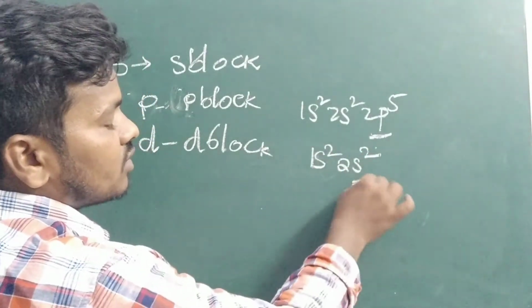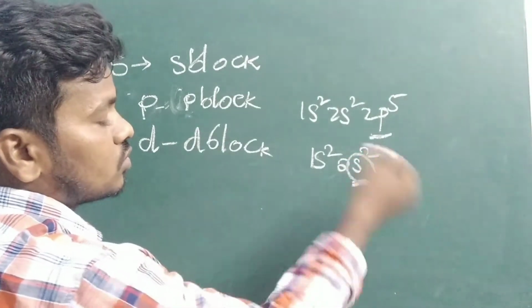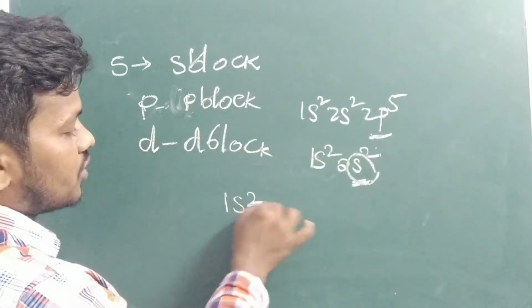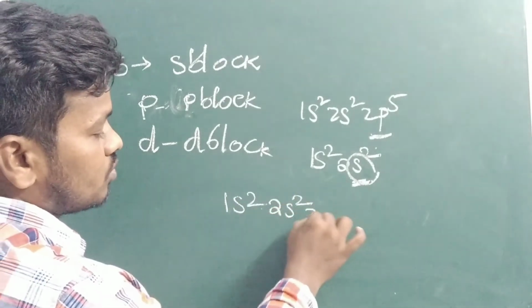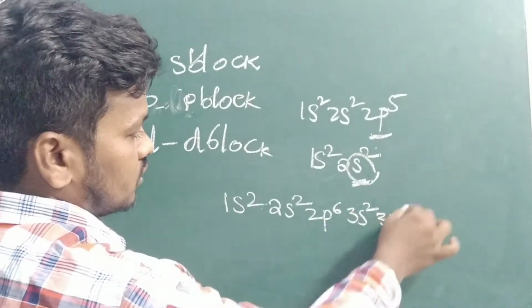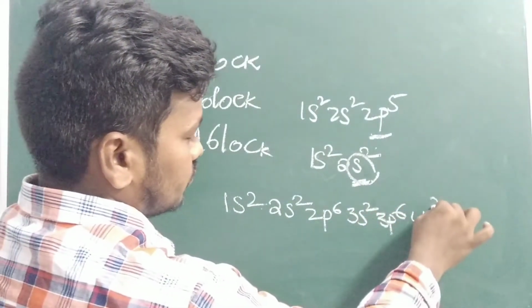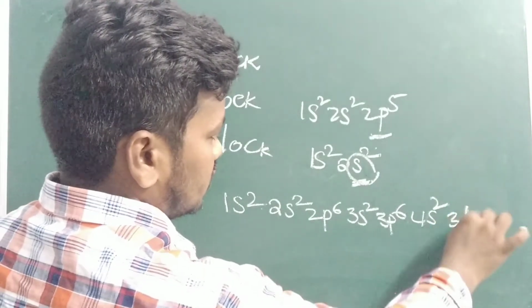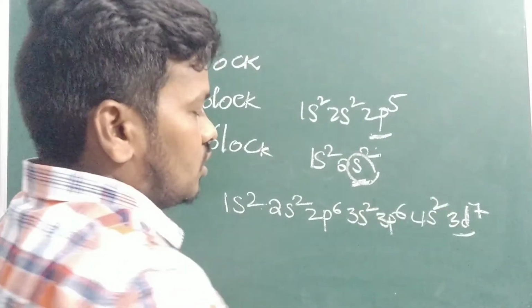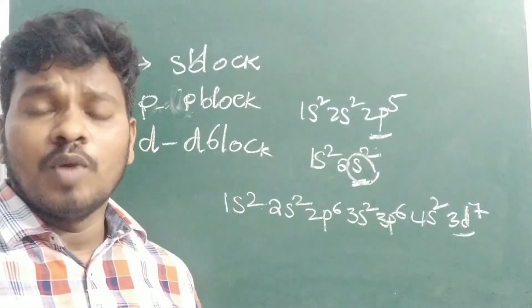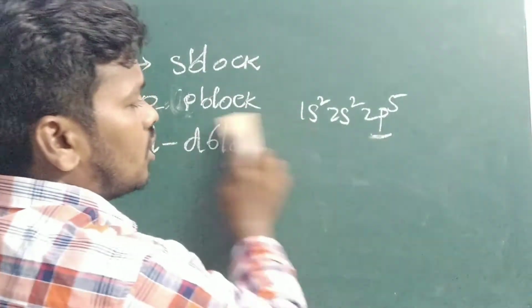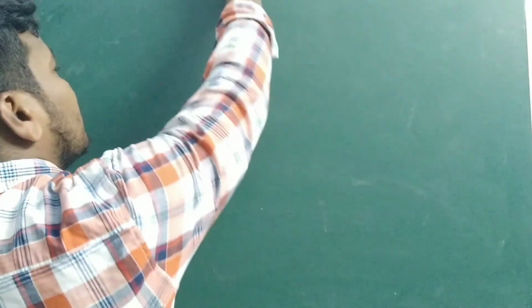Here the last electron enters the S subshell, so it belongs to the S block. Next, the electronic configuration 1s2, 2s2, 2p6, 3s2, 3p6, 4s2, 3d7. Into which subshell does the last electron enter? The D subshell, so it belongs to the D block element. It is similar for the F subshell, which gives the F block element.